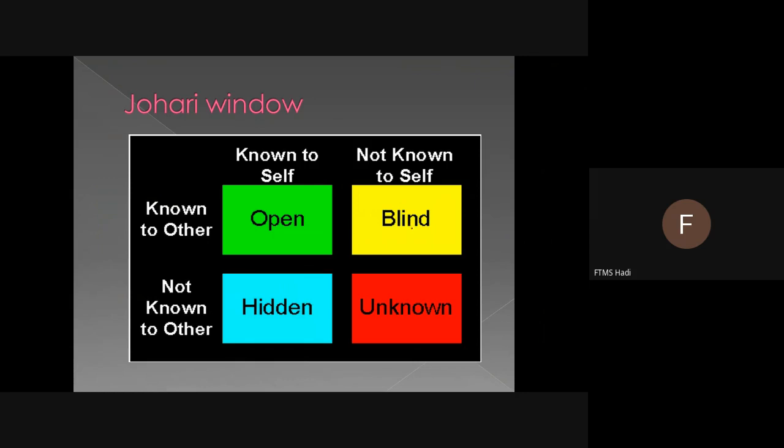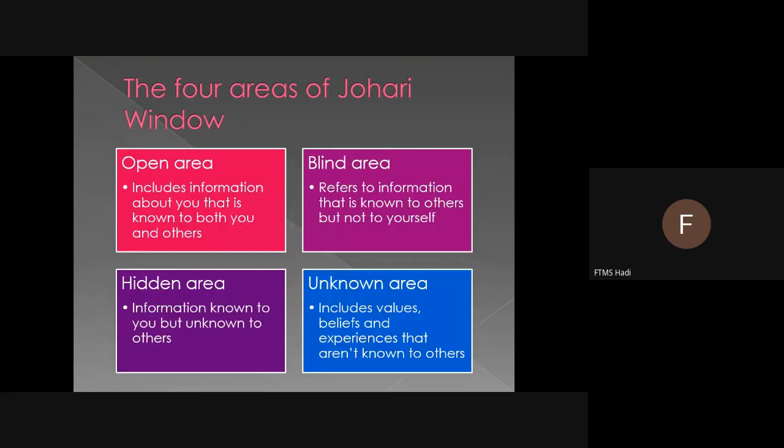This is blind, because you cannot see what other people think. And then both don't know. You don't know, others don't know, that means unknown. But if you know and other people know, we call it open. So that is how the Johari window works. It's already explained here, so okay, you can read this one. Not many questions will come up for Johari window.